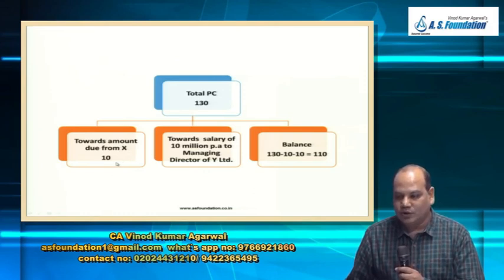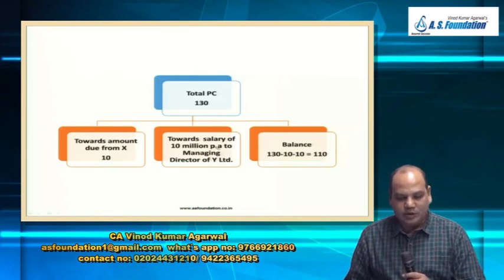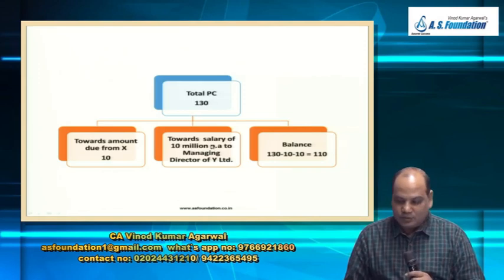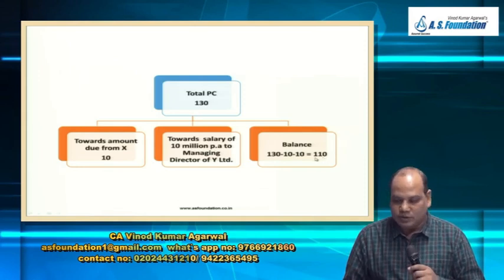Towards amount due from X, 10. Towards salary of 10 million per annum to MD of Y. This will be treated as salary, advance salary paid. And then remaining amount 110 will be treated as consideration for business combination. Total is 130 minus 10 minus 10, 110.